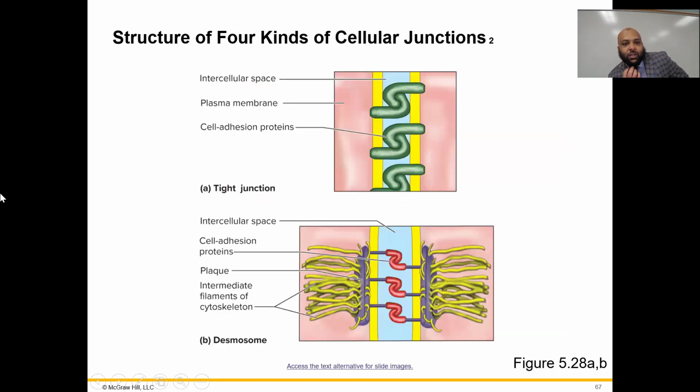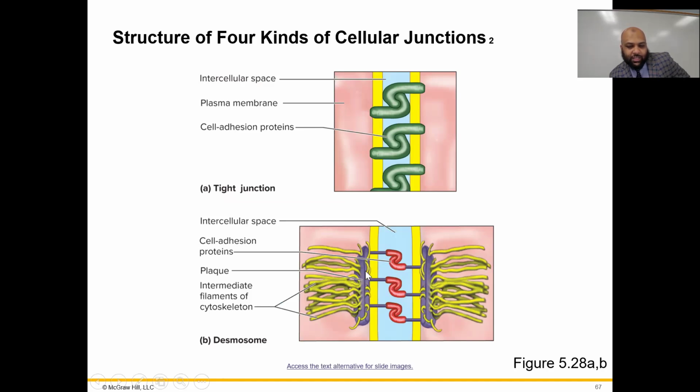Structures of the 4 kinds of cellular junctions. This is your intercellular space, and that's the plasma membrane, and these are the cell adhesion proteins or cell adhesion molecules. But in the desmosome, you would have a cell adhesion protein, a plaque, and intermediate filaments.